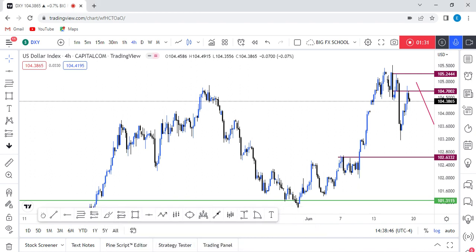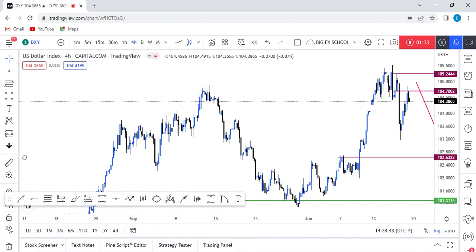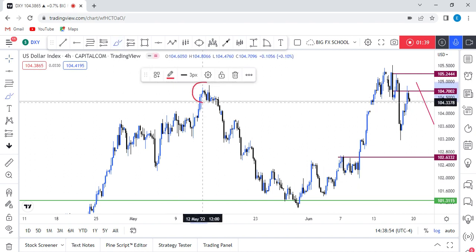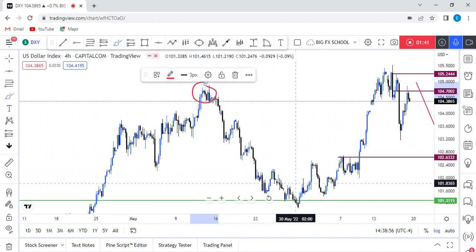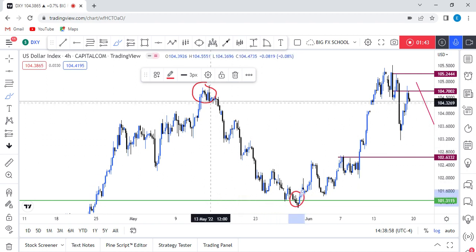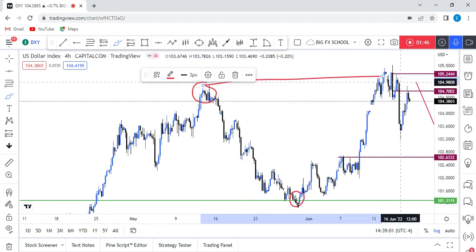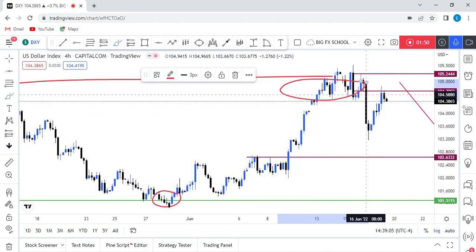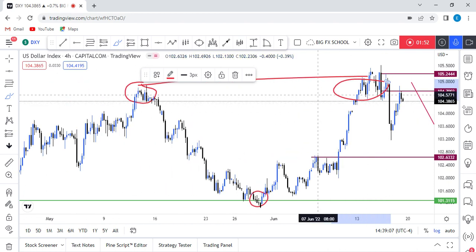It touched the zone at this one, touched here down. It came to this zone again, touched here with the stop point, but finally it made a breakdown.